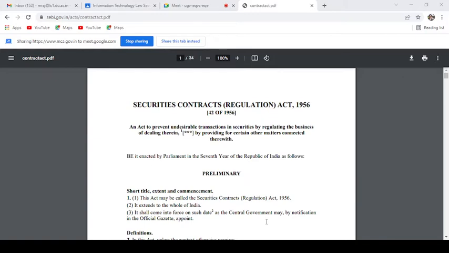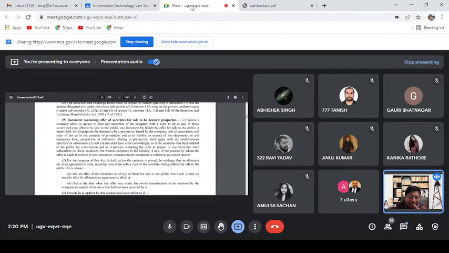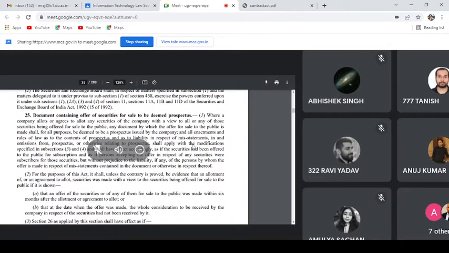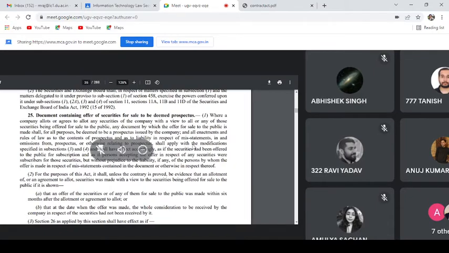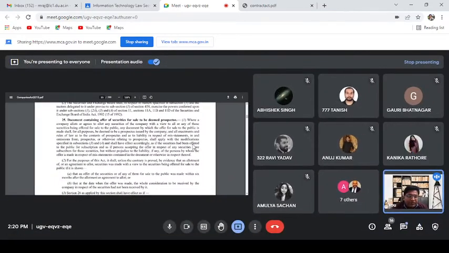Then the document by which the offer for sale to the public is made, that document itself would be considered as the prospectus, a deemed prospectus. And in that case, the requirement of the prospectus would apply for all purposes.